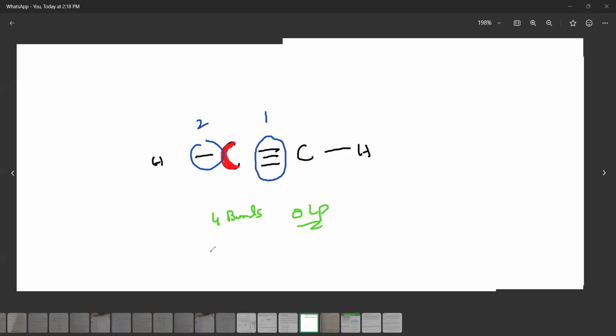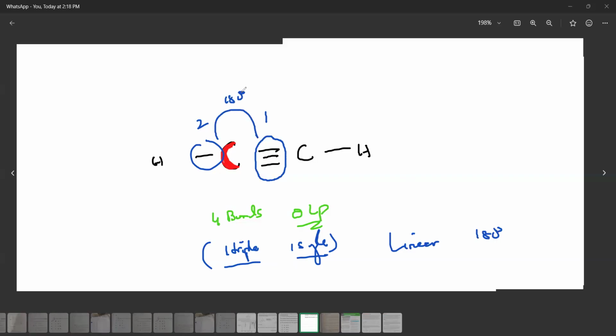And out of the 4 bond pairs, there is 1 triple bond and 1 single bond. With reference to 1 triple bond and 1 single bond, it looks like it has 2 bond pairs. And with 2 bond pairs, what should be the geometry? It will be a linear structure. And what is the bond angle for the linear structure? The bond angle is 180 degrees.